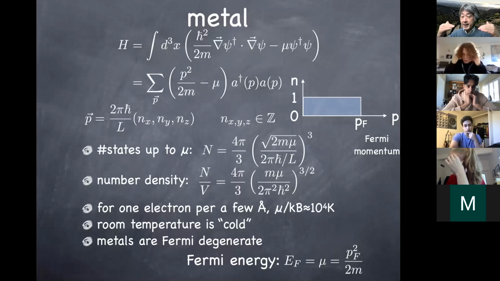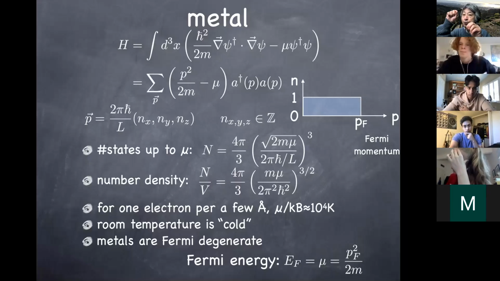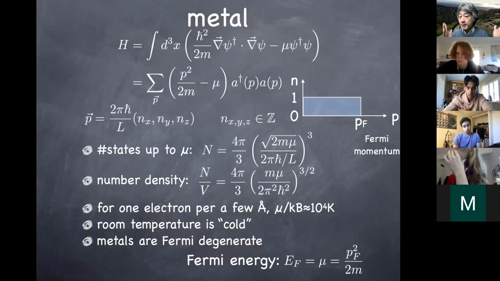But you can still apply the same idea of just occupying every state up to a certain energy, and that's the Fermi liquid. So then it's no longer free electrons in the sense that they are subject to more complicated interaction with the lattice of ions. That's why it's not p squared over 2m anymore. So you have included the effect of interactions with the lattice that way. But the same idea would apply, and you can still talk about this Fermi liquid.